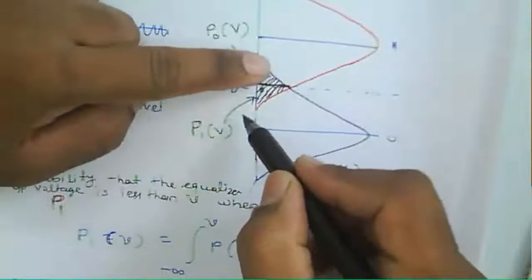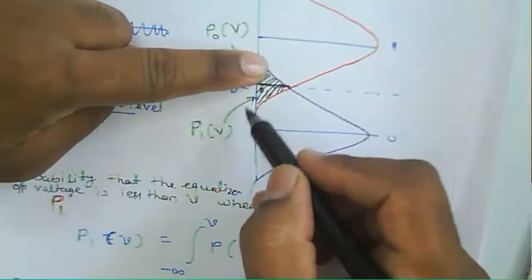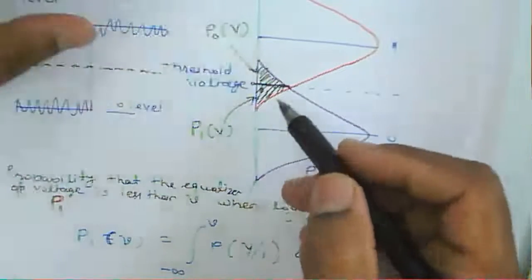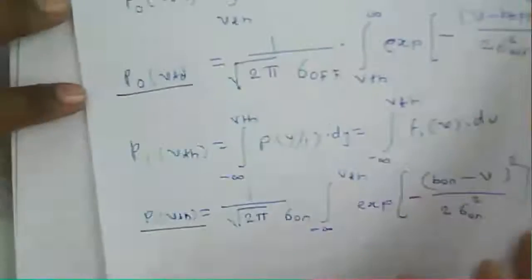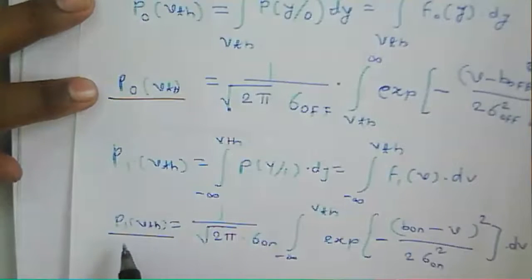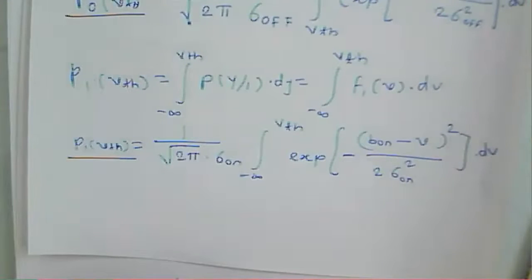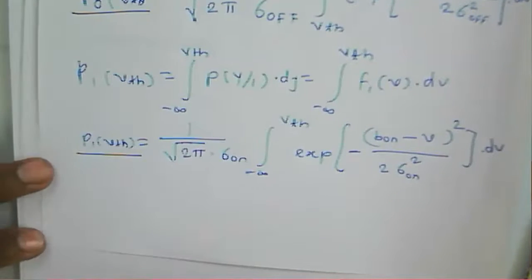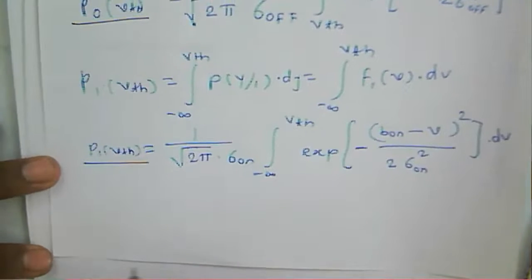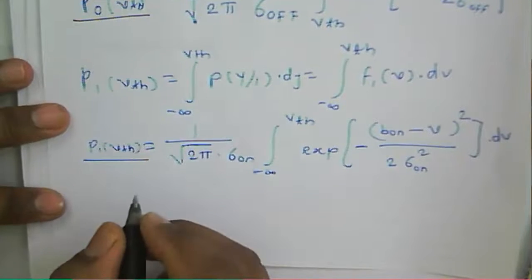And when a 1 is transmitted, we may get a value below the threshold value, that is the probability of 1, P1 of V. So these are P0 of VTH and P1 of VTH. Now from this, we can find out the bit error rate.